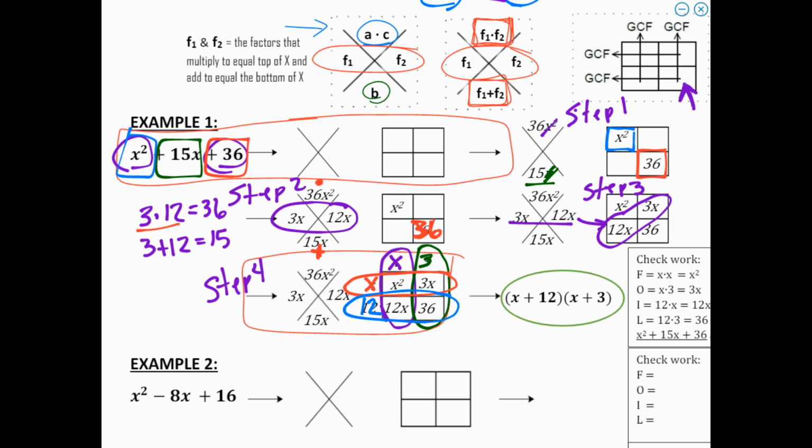So now that I have all those greatest common factors pulled out, this is just my work. Now I'm going to take that information and put it into parentheses, so it's actually in factored form.